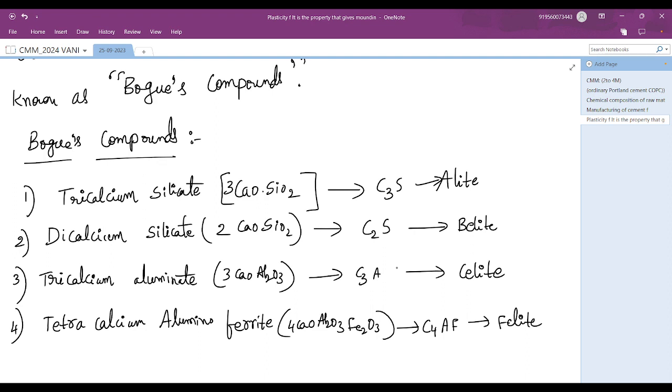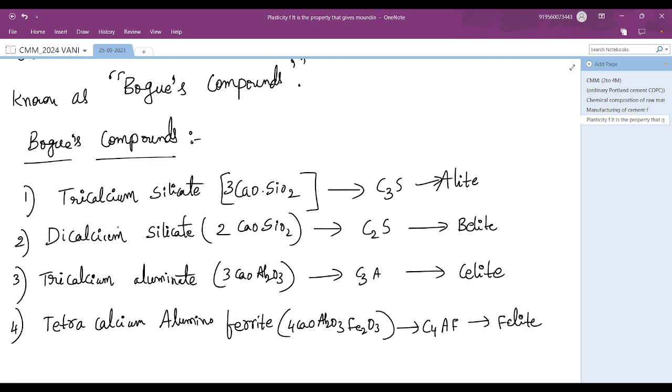But for tricalcium silicate, contribution of lime is more, whereas for dicalcium silicate, contribution of silica is more.